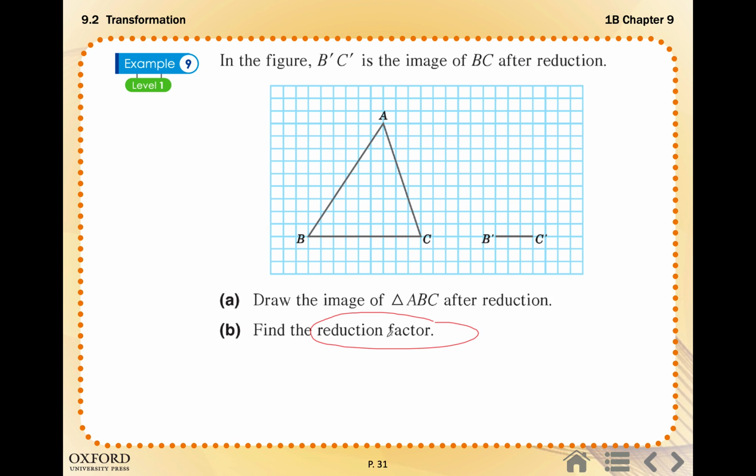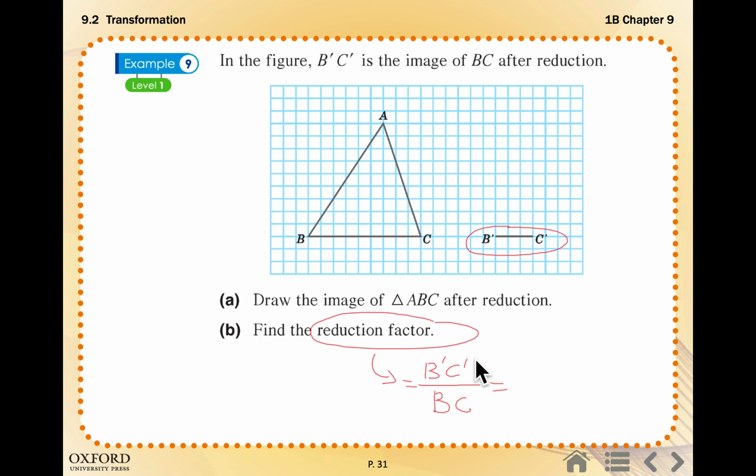Remember how to calculate it. Should use the length of the image. And if you look at the figure here, the image of BC, that is B dash, C dash, and then divided by the original length, that is BC.